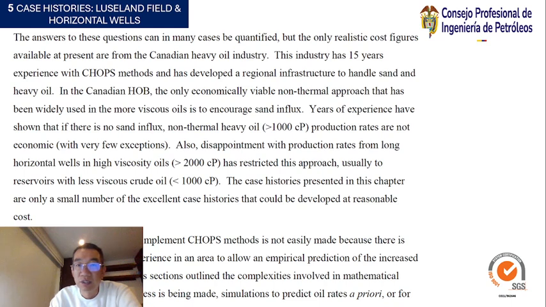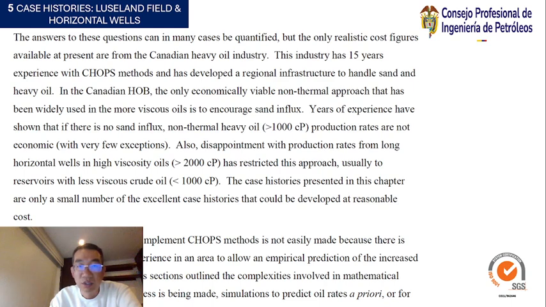variable non-thermal approach that has been widely used in the more viscous oils is to encourage sand influx. Years of experience have shown that if there is no sand influx, non-thermal heavy oil production rates above 1000 cp are not economical, with very few exceptions.